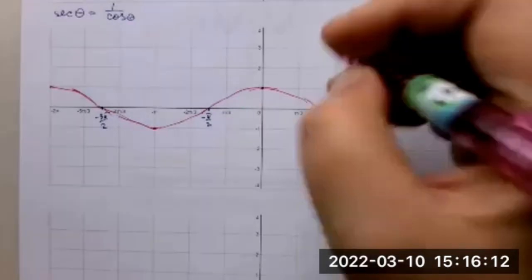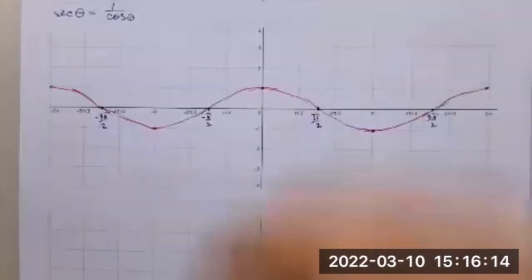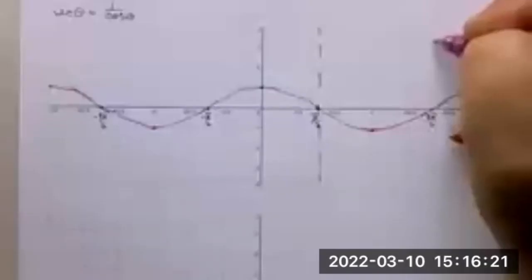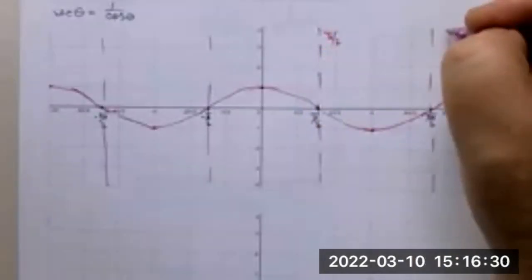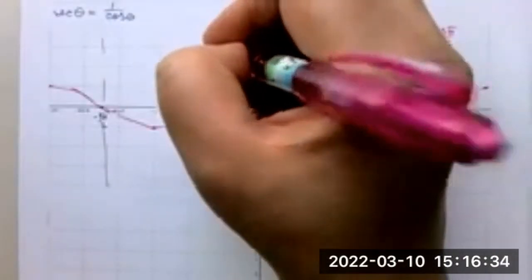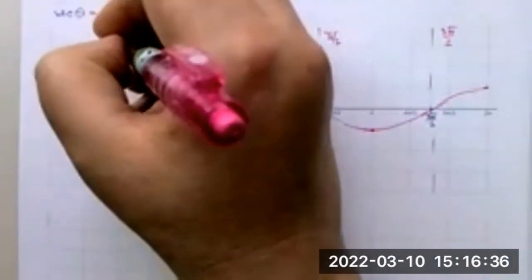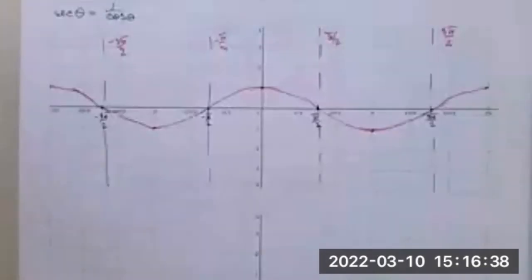Whenever cosine equals 0, that's where our function is going to have an asymptote. That is going to be pi over 2, 3 pi over 2, negative pi over 2, and negative 3 pi over 2, and so forth, extending infinitely in both directions.